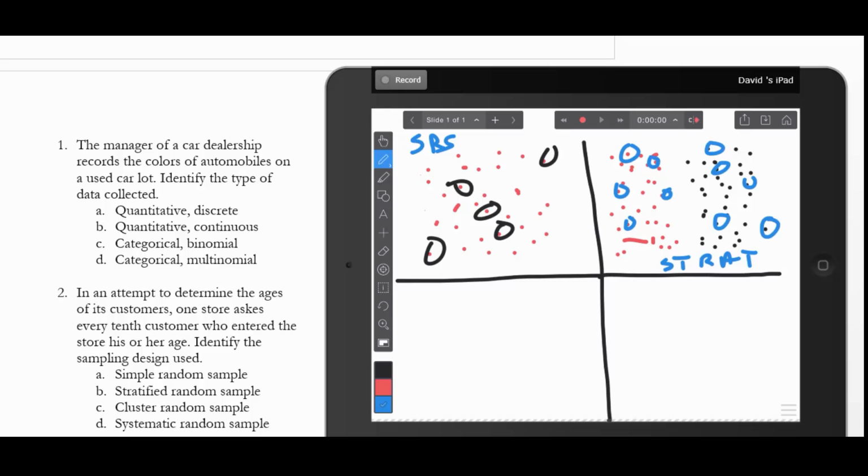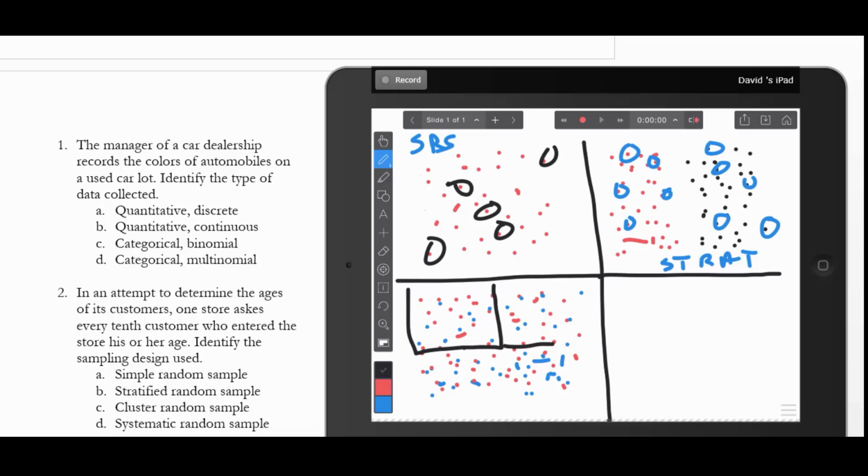and then cluster would be that we have some natural grouping. And see here, it may be males and females again, but they're randomly distributed throughout the population. So here what we do is we might divide the entire population into 4 clusters.